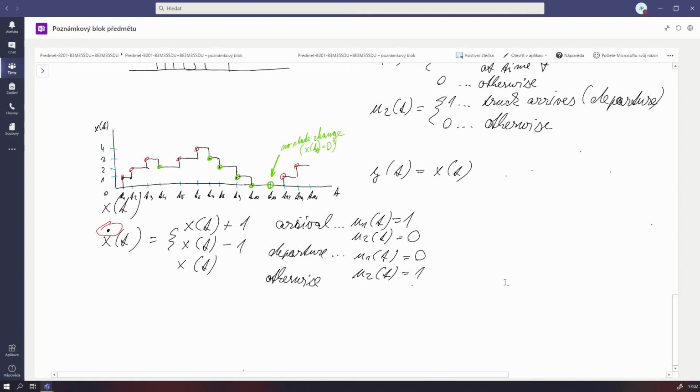But this is not our case. We have step changes at the respective time instances. So we cannot use this notation, but let's define a notation t plus, which means just after time t.